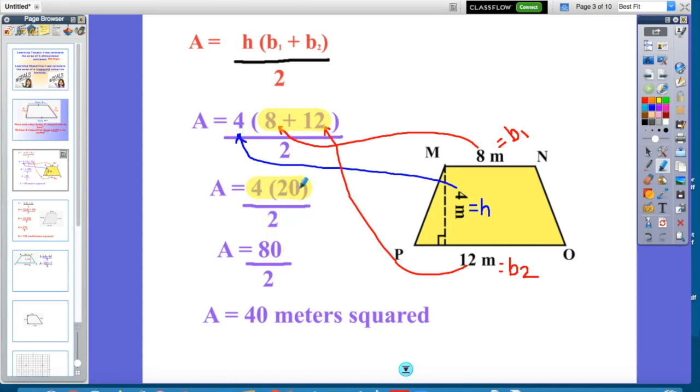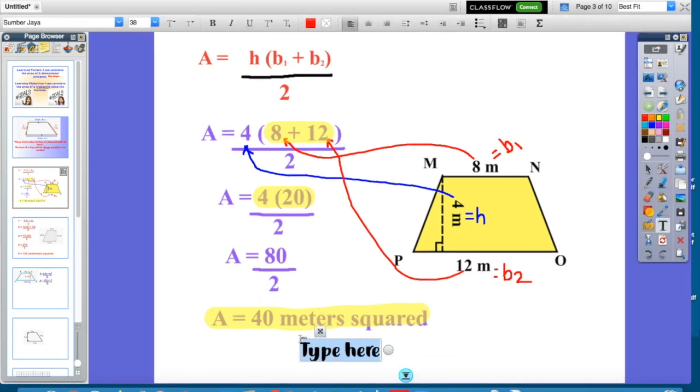Now we're going to do 4 times 20, which is 80, divided by 2. 80 divided by 2 is 40, and we label area as units squared. Remember, when you're typing on the Google Forms, you can use the caret and 2.